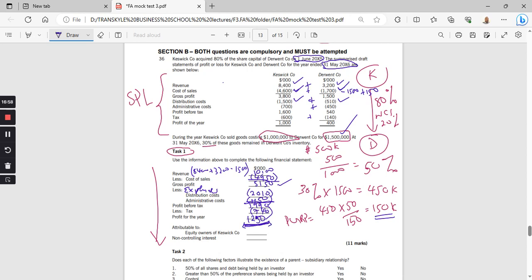Now you need to appropriate this profit to the owners of the company, or the majority shareholders, and the non-controlling interest. All right, so how do you do that? First you need to know how much profit was made by the subsidiary.